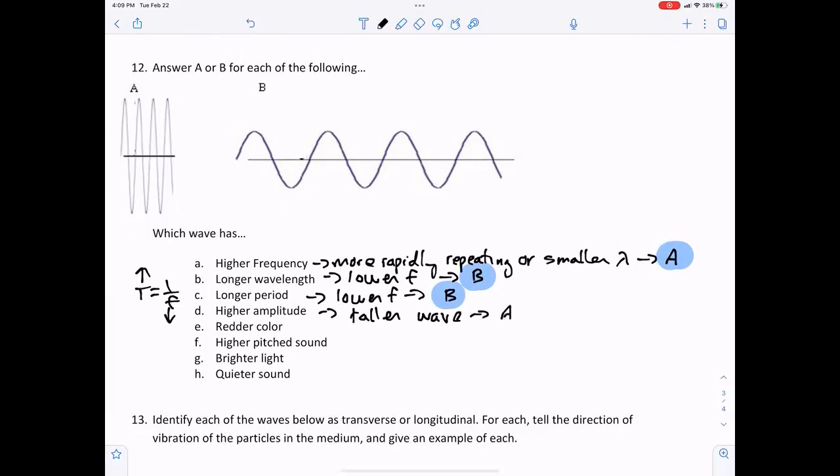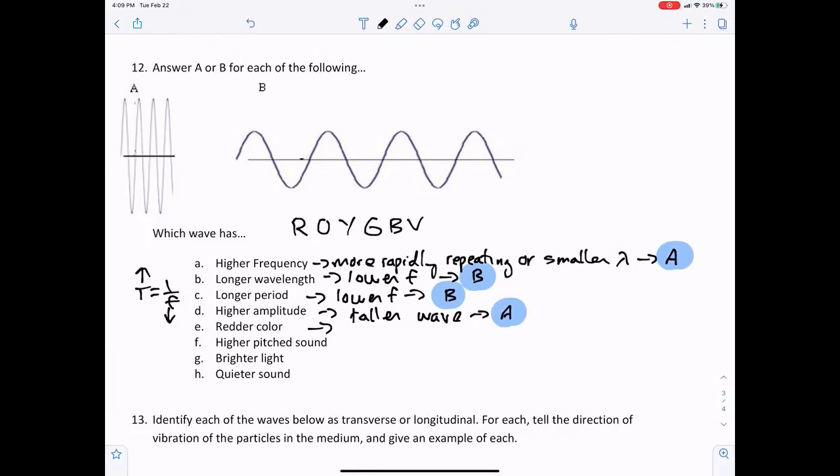That's clearly going to be A. A is much taller from the middle. The redder color. Now remember, according to our spectrum, Roy G. Biv, red, orange, yellow, green, blue, violet.